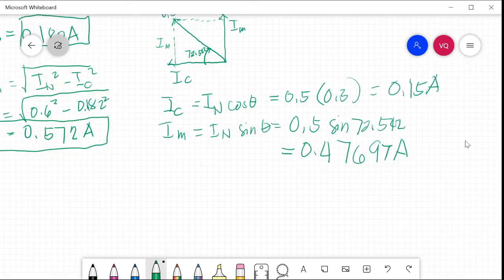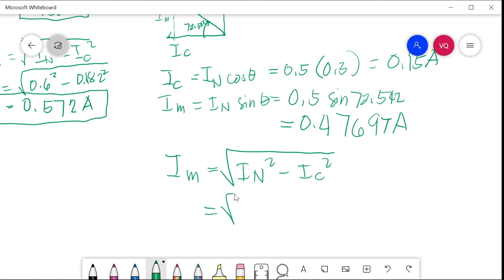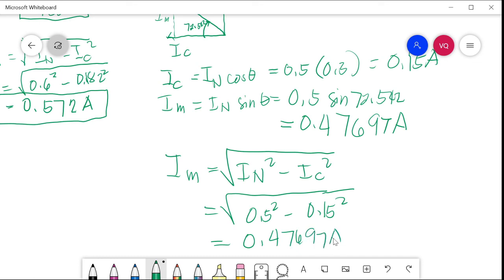Or you can solve IM using IM is equal to the square root of IN squared minus IC squared. So, square root of 0.5 squared minus 0.15 squared is equal to 0.47697 amperes.